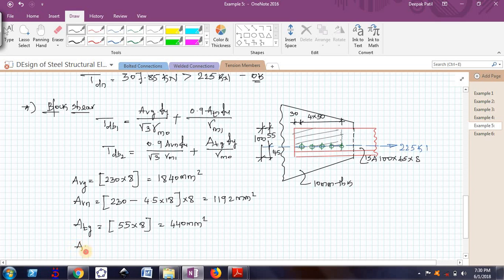Similarly, ATN is 55 minus 0.5 dia, which I have to deduct. This is the length of the net tensile plane multiplied by the thickness of the angle: 0.5 into 18, multiplied by the thickness, which gives 368.